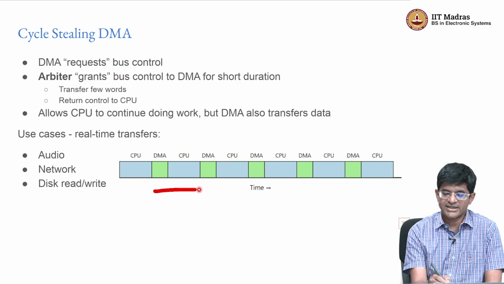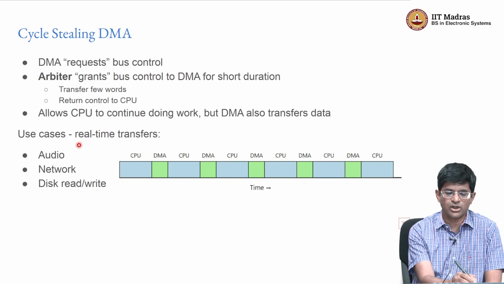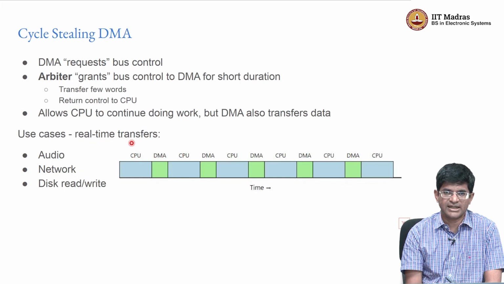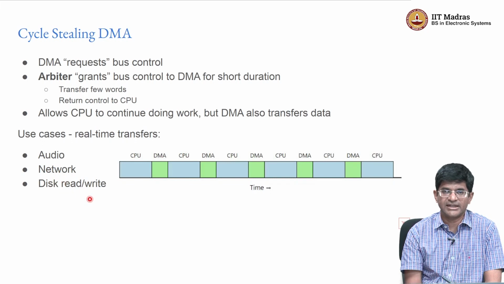But by having cycle stealing DMA like this, I can ensure that the DMA looks for any gap in the CPU's usage of the bus and just transfers the data during that time, and overall can do a very good job of meeting the real-time requirements that I have. Similar things can be done with network or with disk read and write and so on, right? And this mode of operation of DMA is very useful in practice.